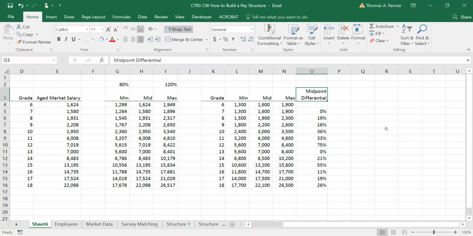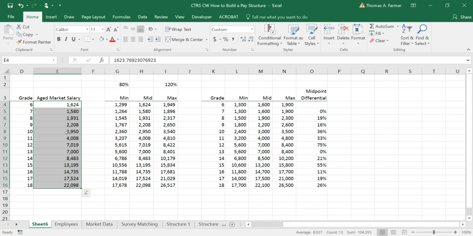So the pros and the cons for this type of survey market-based structure: the midpoints are based on the market values directly. There's no regression, no smoothing. Okay, that's why the midpoint differentials vary so much, because you're deriving them directly off of the market values.